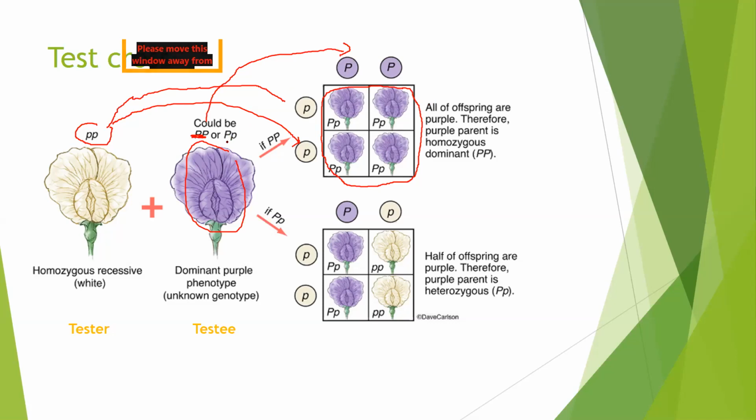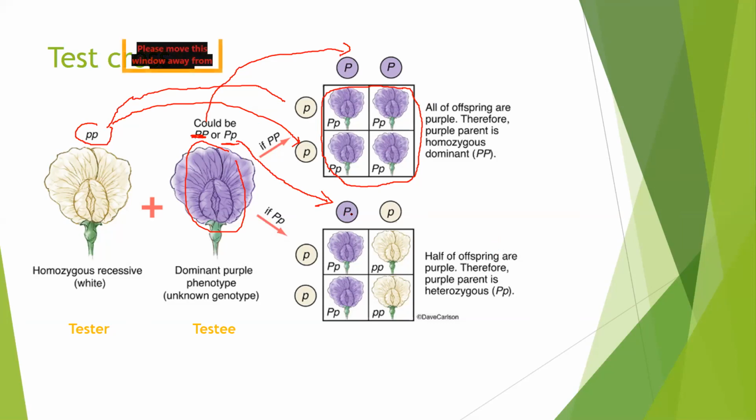However, if this one is not homozygous but heterozygous, with genotype big P and small p, then this individual will produce two types of gametes.